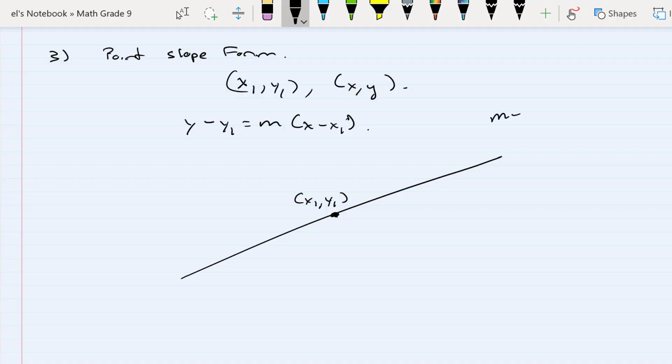So m, again, is our slope. x1, y1 are points on the line.